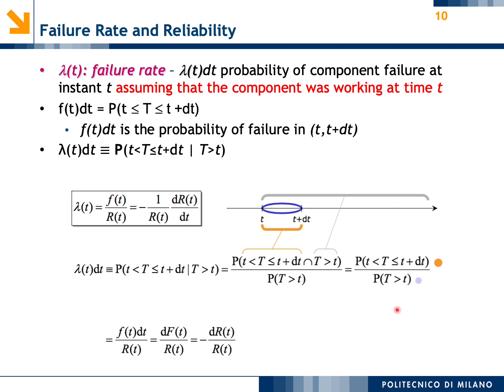So we can calculate the probability, and then we can apply the substitution, because the upper part here is equal to f dt in dt. And the lower part here, the probability that the event happened after t, is actually the definition of the reliability.